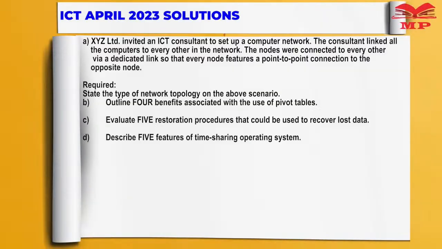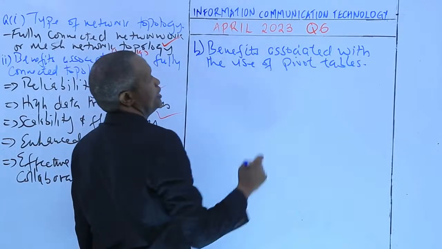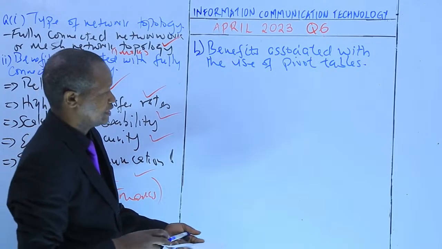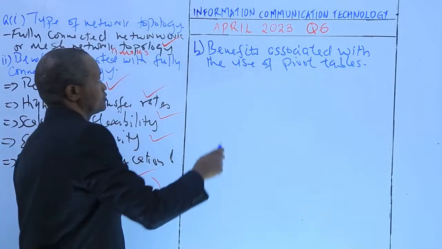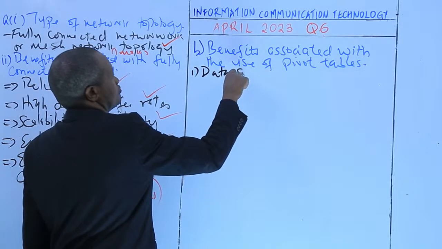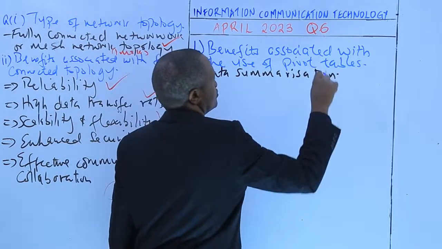Question 6B, outline 4 benefits associated with the use of pivot tables. The first benefit is data summarization.